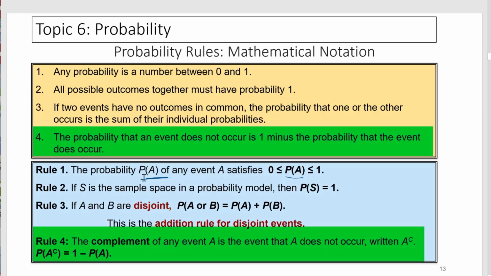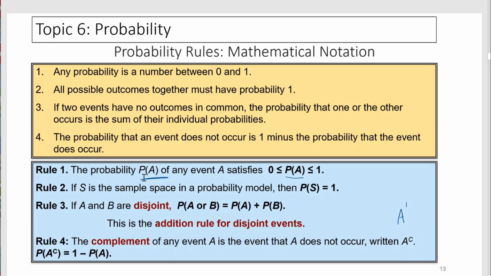The complement of any event A is the event that A does not occur, written A with a superscript C, or sometimes you'll see it like this. That's a complement too. So the probability of the complement is 1 minus the probability of A, because remember, A union A prime, or A complement, was the sample space. So the sample space has to equal 1 if we take the probability.